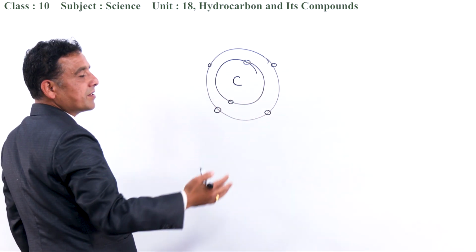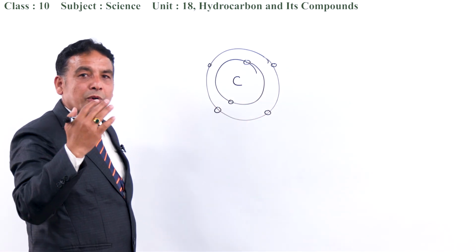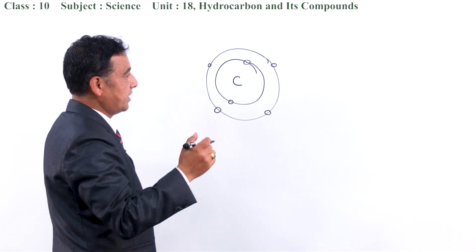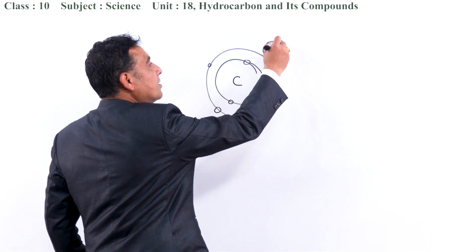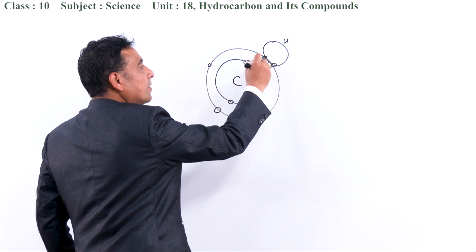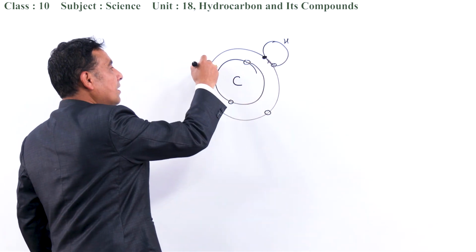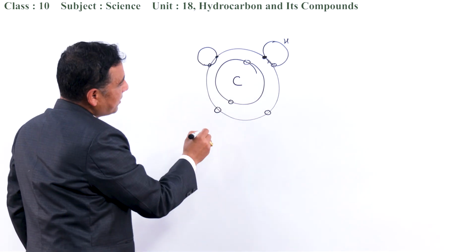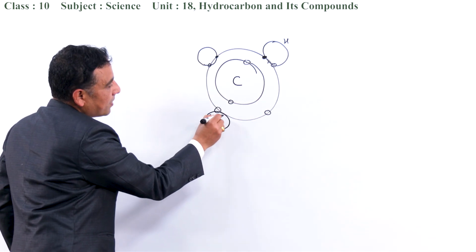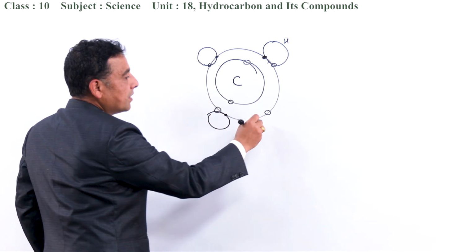So it requires 4 more electrons to complete the octet. So it shares 1 electron with a hydrogen, as well as with another hydrogen atom, another hydrogen atom, and the fourth one.